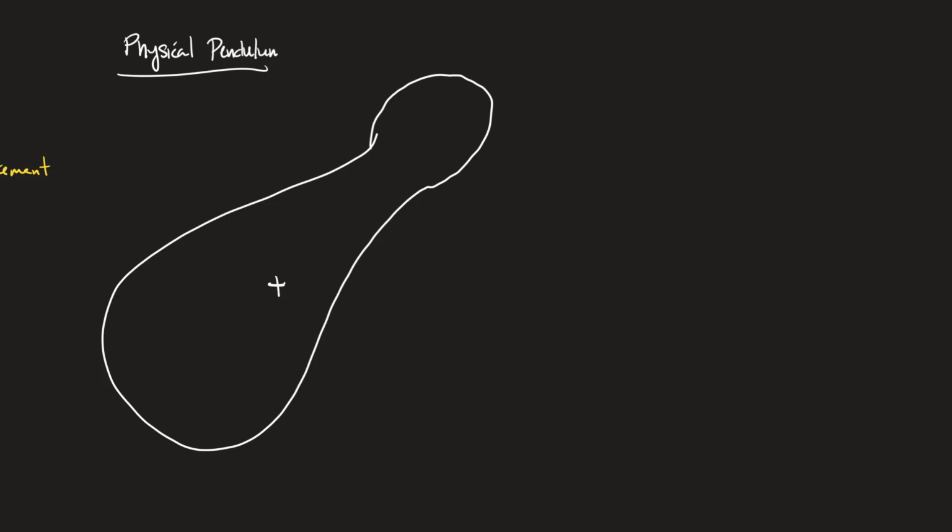So we're going to mount it, say, right here, and make this the pivot point. So a physical pendulum is going to have a center of mass, and it's going to have a moment of inertia.